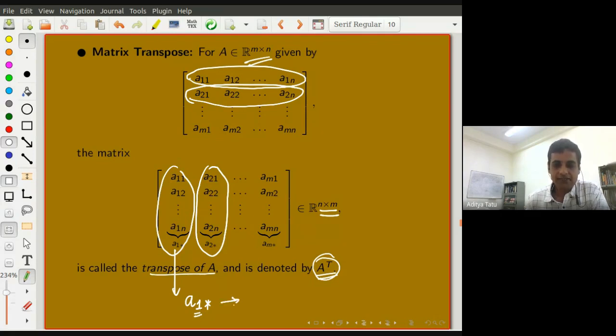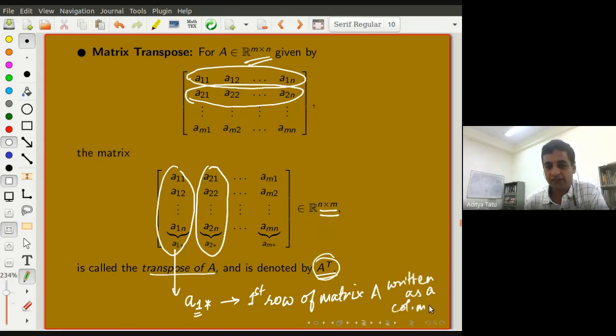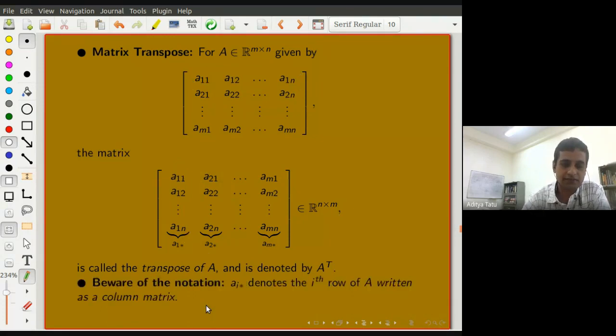A1 star refers to the first row of matrix A, but this is written as a column matrix. Be careful with this: Ai star denotes the ith row of the original matrix A, but written as a column matrix.